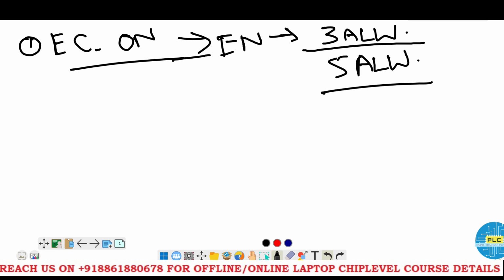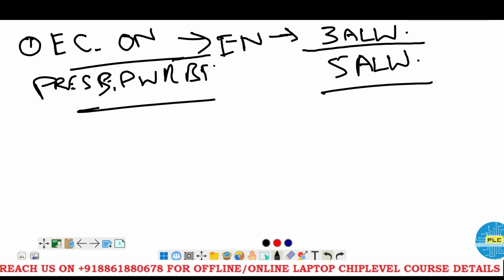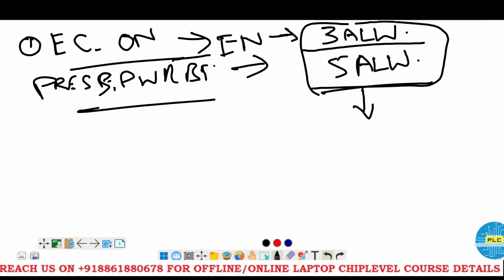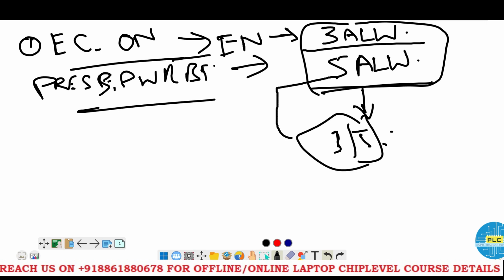It means when you press the power button, now this enable signal goes to this section. Now it's a dual IC, dual phase, a 3-5 step down IC, which will receive the enable signal and generate 3 volts always and 5 volts always.